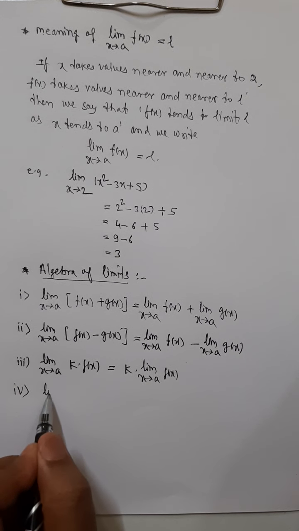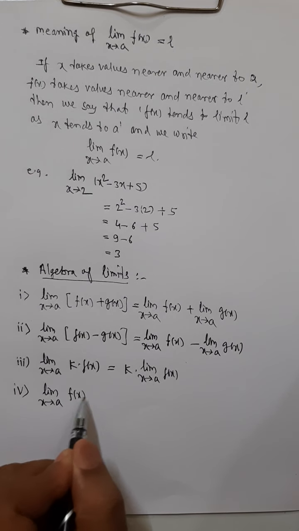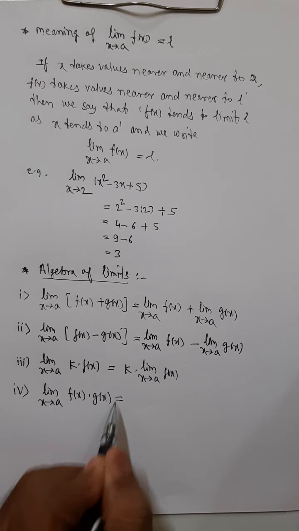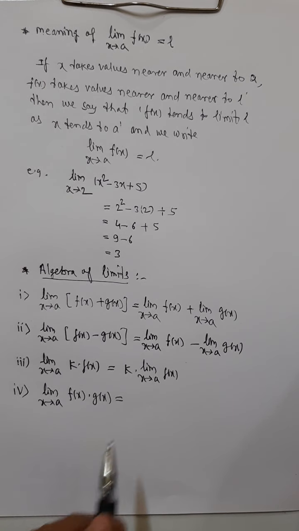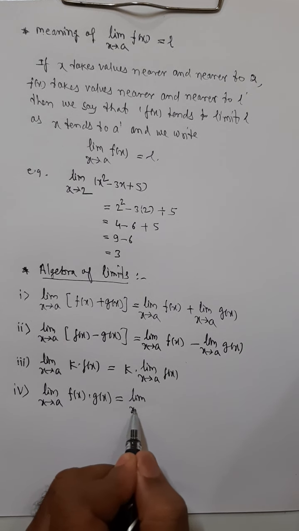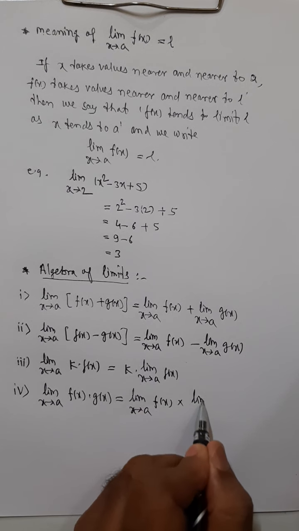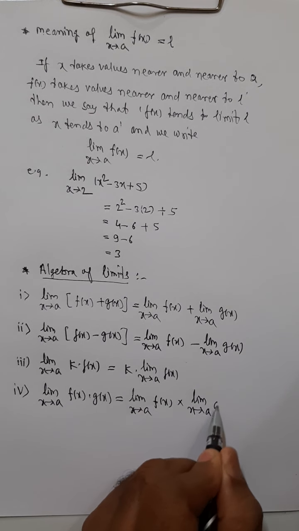And fourth, if there is a product of two functions f of x into g of x, you can take limit of each function separately. Limit of product equals product of their limits: limit as x tends to a of f of x into limit as x tends to a of g of x.